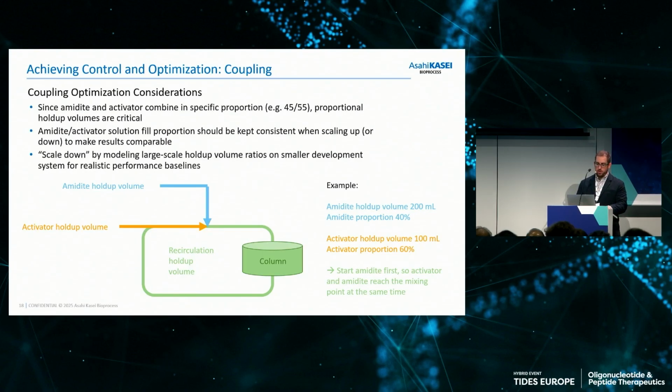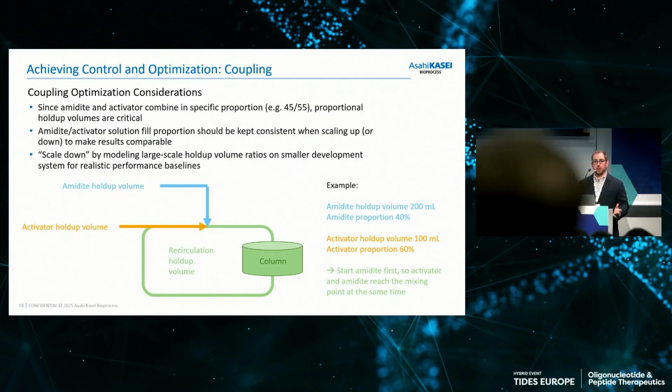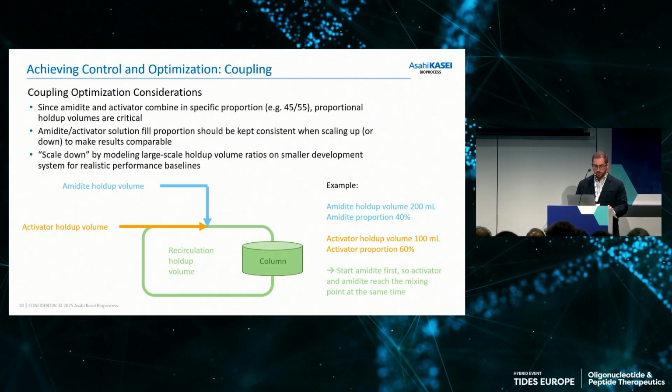And one more point about the activator and amidite solution is that you want it to occupy as much of that recirculation volume as possible so that you minimize dilution during recirculation. So what that can look like is using a scaled down approach.